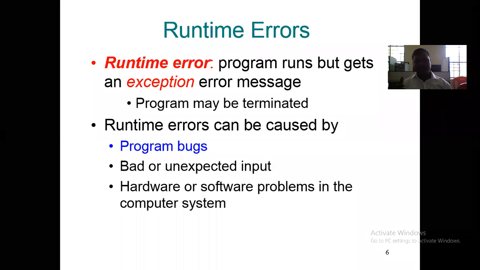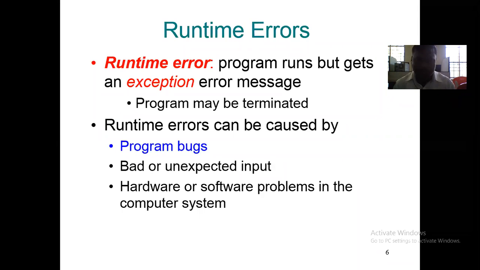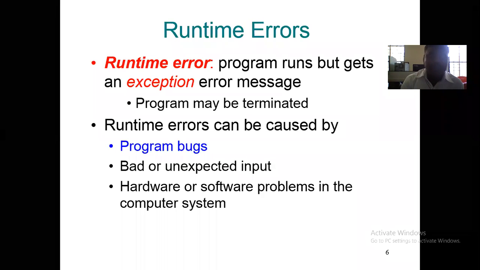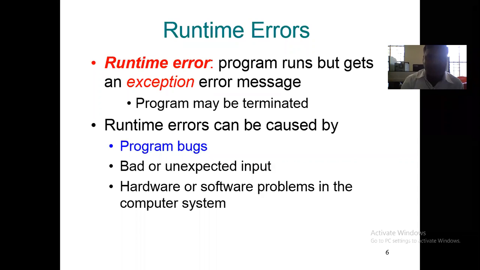Hardware or software problems in the computer system are also called runtime errors. Integer numbers may be 0, -2, 4, 5. If the program asks for these inputs but we provide characters or special characters, it gives runtime errors.